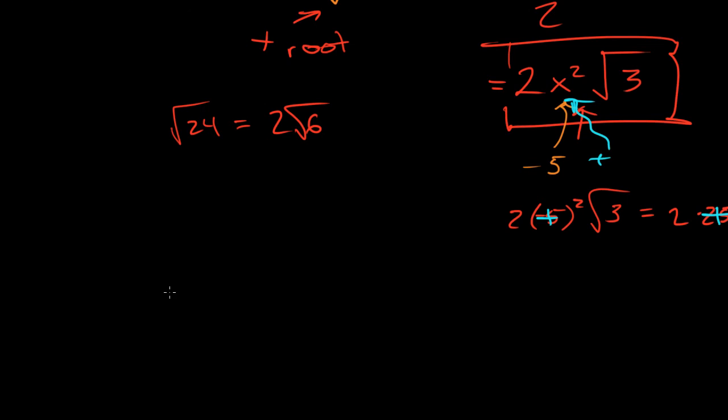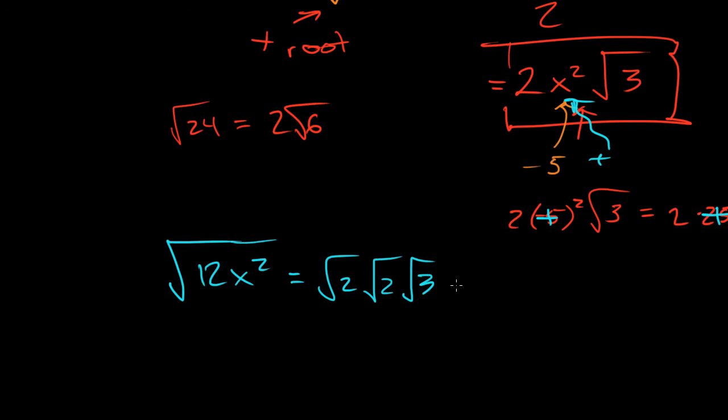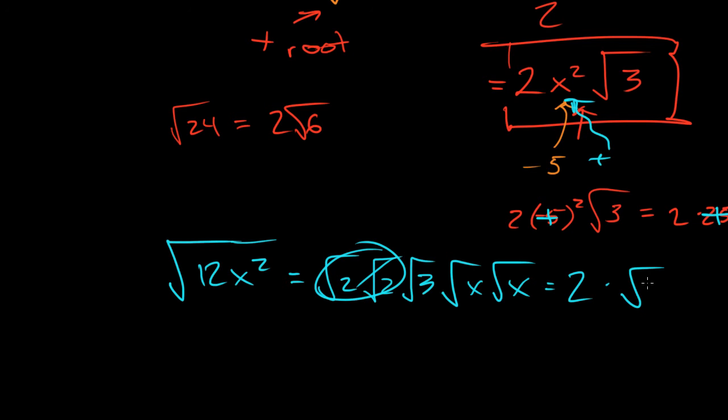What if I tried to find the square root, though, of 12x to the second? Well, I could factor 12 as 2 times 2 times 3, and x to the second as x times x. I get a pair of 2's from 12. That makes positive 2 times the square root of 3. And there's a pair of x's here, which just makes x.